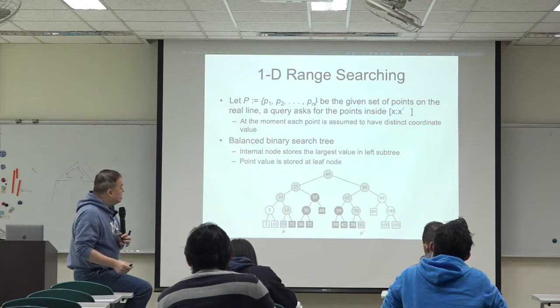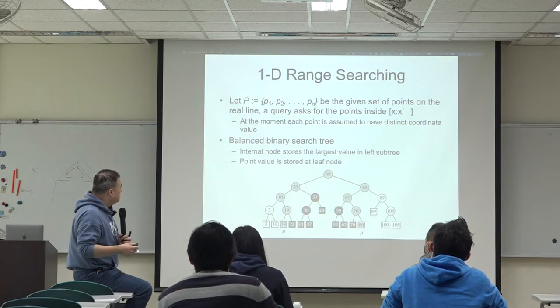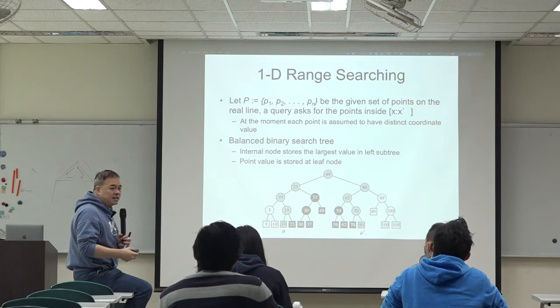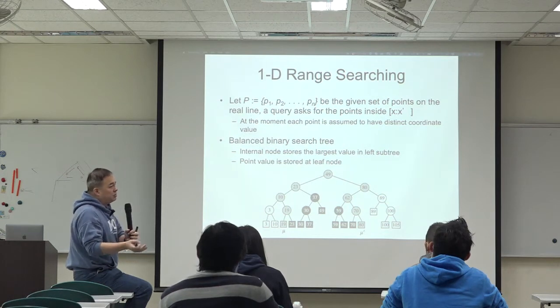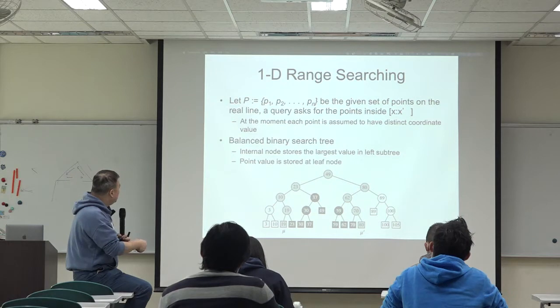But in the past, we just said, oh, it's a binary search tree, and we didn't really take a closer look at that, because we assumed you learned it from your data structure class. But now, let's take a little bit closer look at this balanced binary search tree.